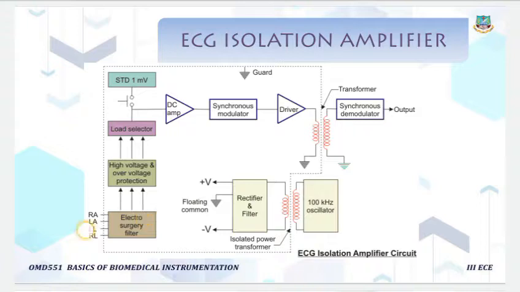So the output from the lead configuration is passed on to the low pass filter. This low pass filter has a cutoff frequency of about 10 kilohertz. What is the purpose of this filter?